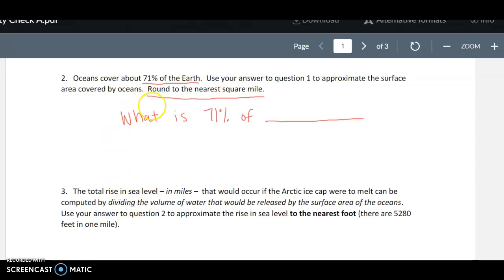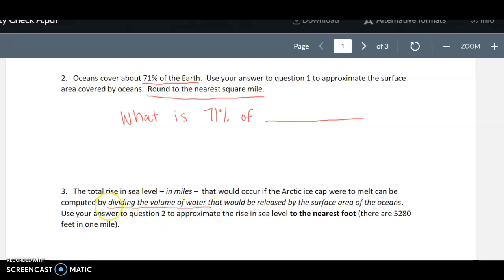Notice how for each one we're just taking it down and trying to find out what exactly it is asking and trying to convert that into math terms. Number 3. The total rise in sea level in miles that would occur if the Arctic ice cap were to melt can be computed by, so this tells you exactly how to do it, dividing the volume of water.